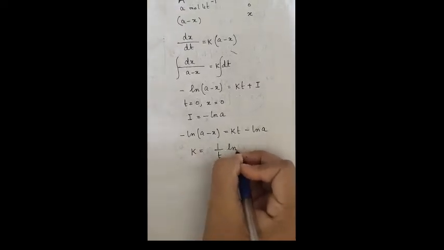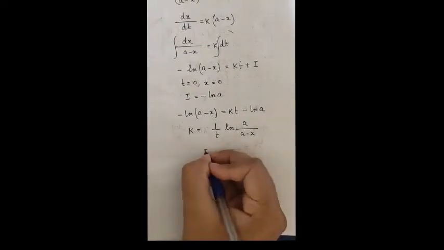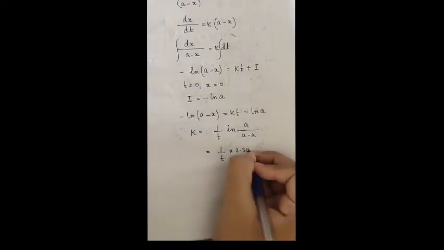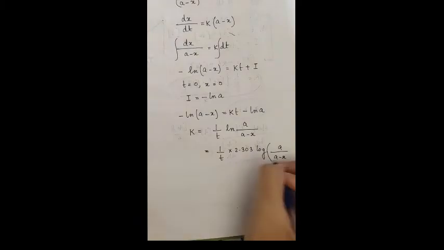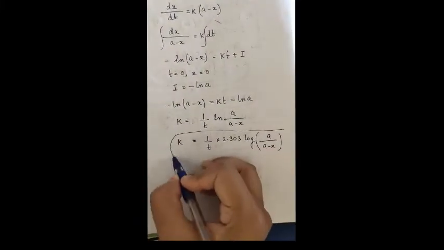So we represent half-life by t half, the time taken for the reactant to become half its concentration. So if the initial concentration is A0, in half-life the concentration of A will become what? The half of A0, that is A0 by 2.